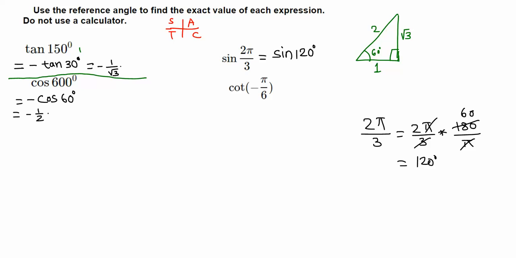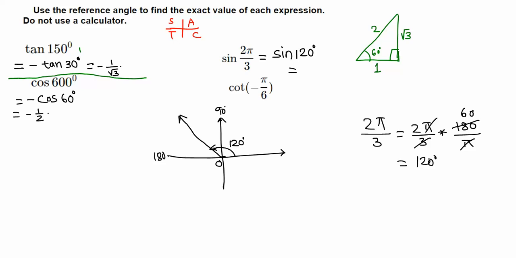Now let's draw 120 degrees. Here is the vertex, this is the initial side, 90, 180, so 120 is somewhere here, and somewhere here is the terminal side. So 120 degrees lies in the second quadrant, and from the quadrant rule, in the second quadrant sine and its reciprocal cosecant have positive values, so sine will be positive.